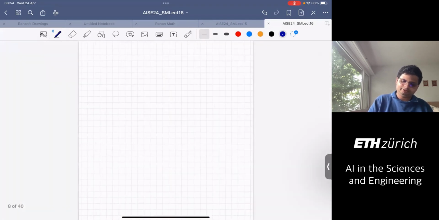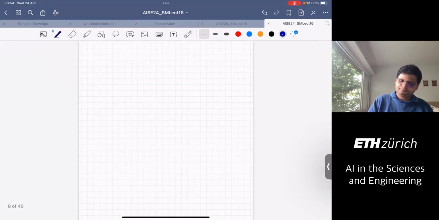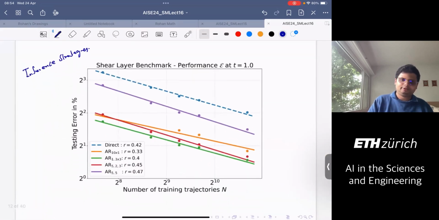I explained these different kinds of inference strategies, whether we do direct, whether we do autoregressive, and what kind of autoregressive rollouts we can do. Here, as you can see, direct was not as efficient as autoregressive, this is one-step rollout. So 10 times 1 means we want to predict the solution in 10 saves, not 10 time steps, but 10 snapshots.